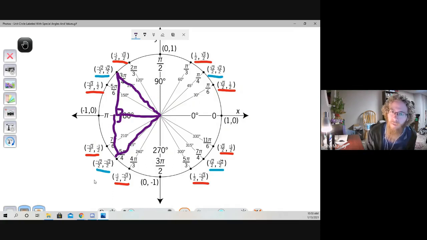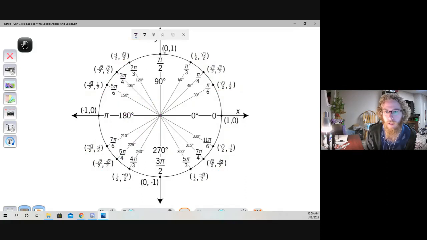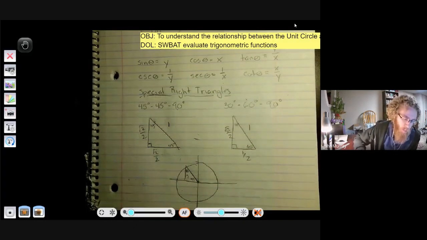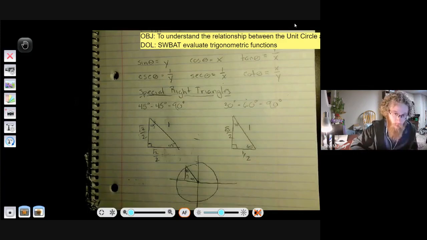Again, if these lines weren't wavy, we'd have another 45-45-degree angle. And then the 30 and the 60 are just the 30, 60, 90 triangle put in its specific spot.